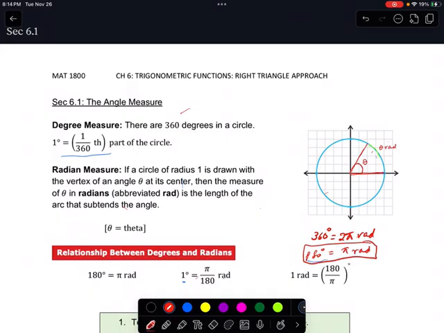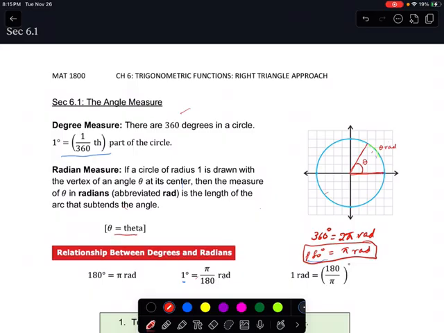Then if the initial side of the angle is on the x-axis, that's what we want. We want to have the circle with the vertex at its center, and the measure of theta, in radians, will be the length of the arc that is making that angle, or that subtends that angle.